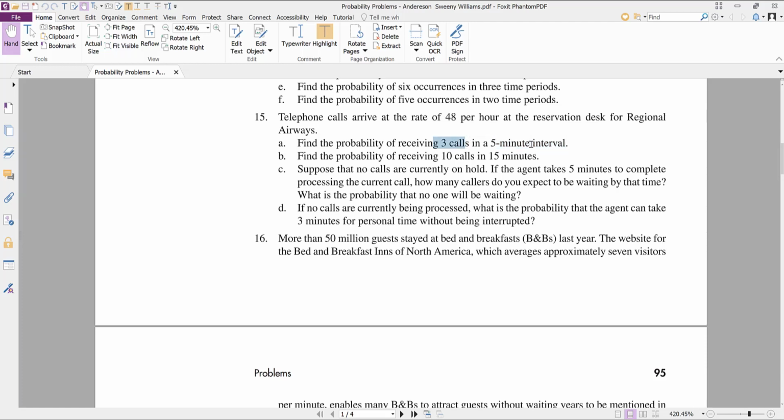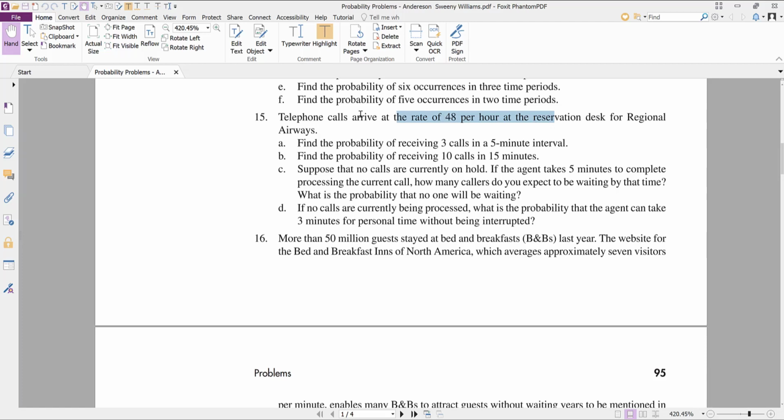And what happens is that we are usually given some mean upfront. For instance, over here the mean is that calls arrive at the rate of 48 per hour. One precaution that's needed in these types of questions is that there may be different units.